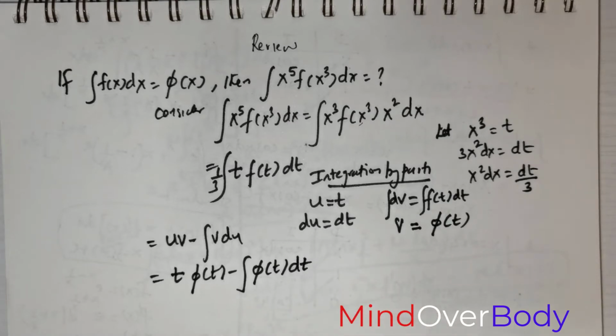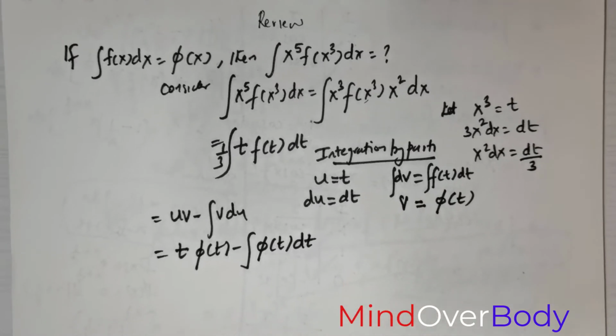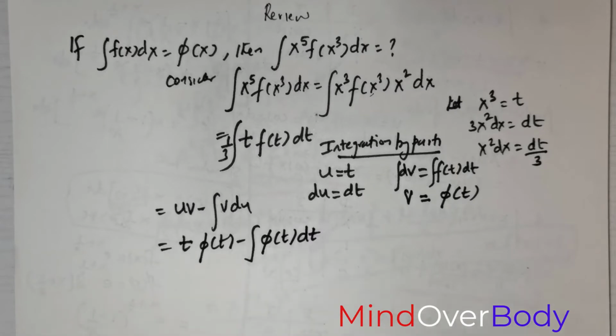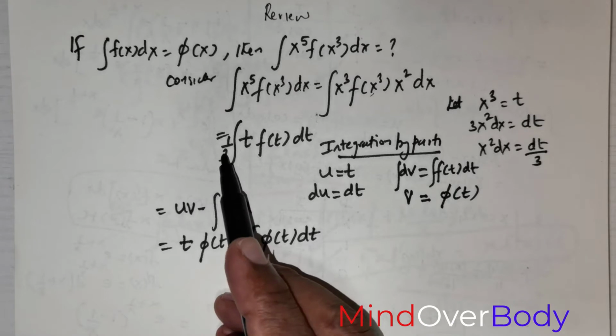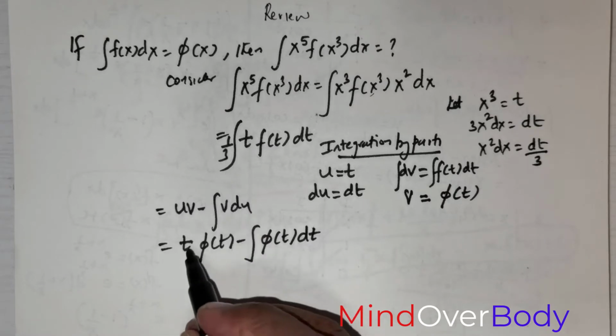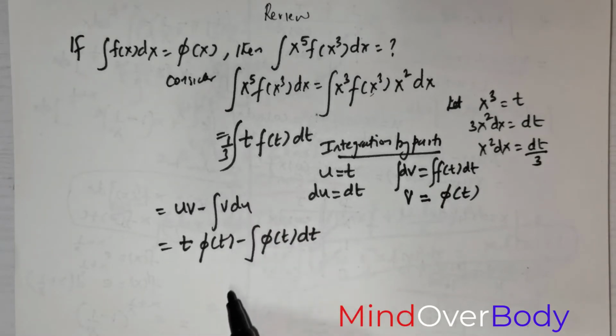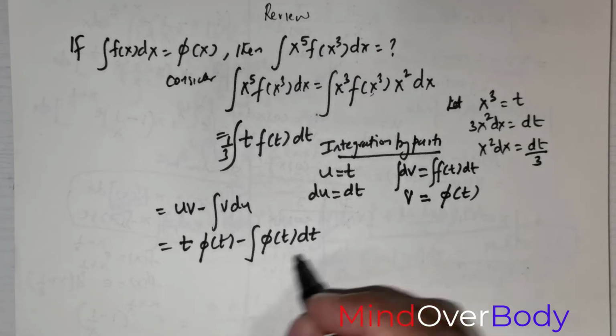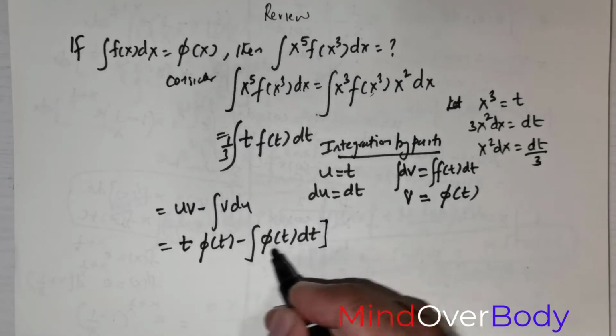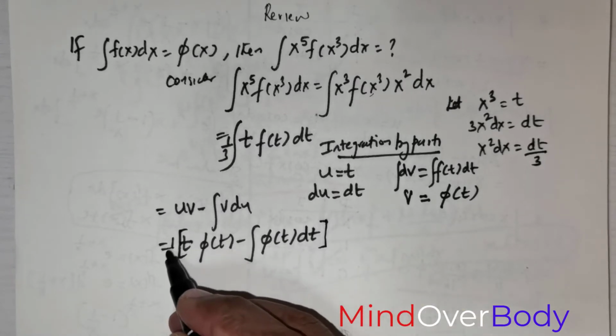So this is exactly what we have got. Now we have to integrate this quantity. The solution is complete if we can revert the variable t back into the original variable x. It is also imperative to note that we have a 1 over 3 as a scalar quantity, so we will have to multiply this entire component with 1 over 3. So let me just place that 1 over 3 there.